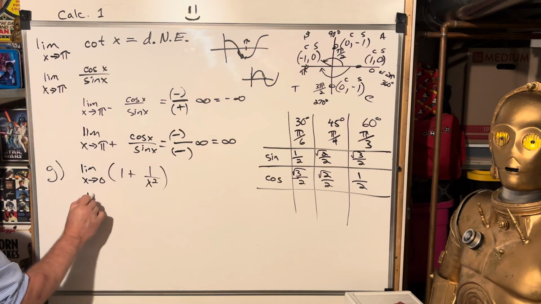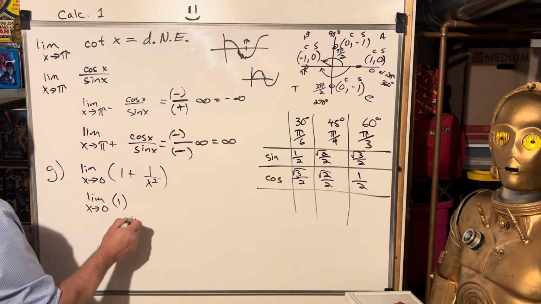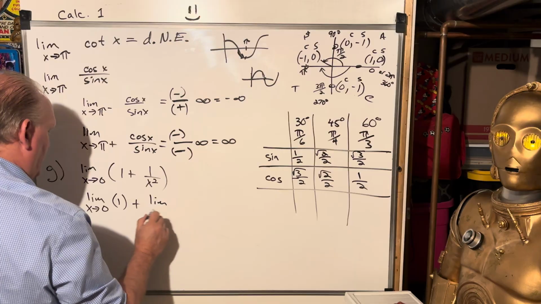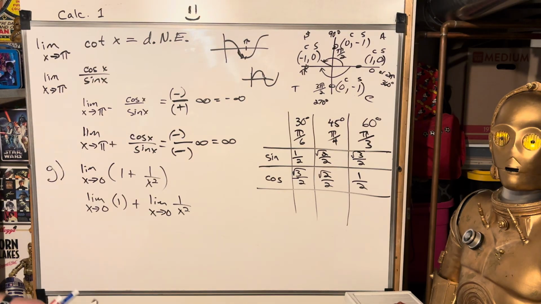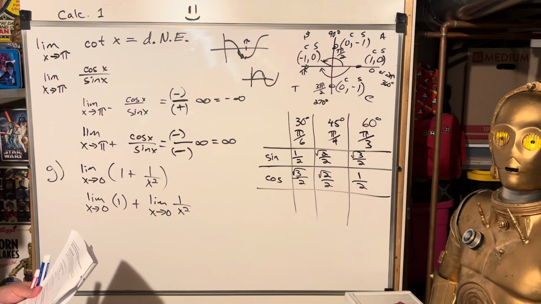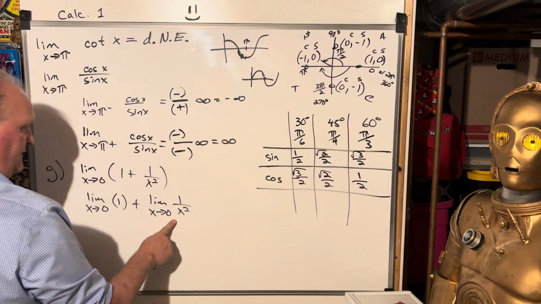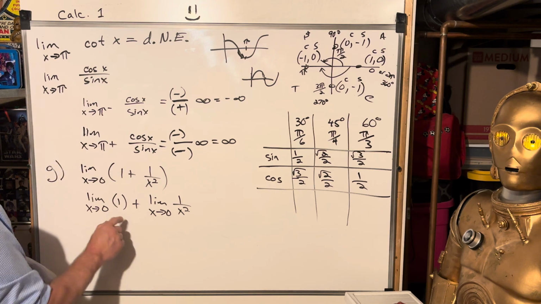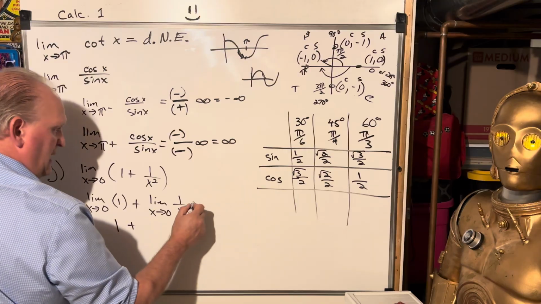So again, we could split this up and say the limit as x approaches 0 of a constant, that's just the constant, and then the limit as x approaches 0 of 1 over x squared. That one, again, we're going to have to look at the right and the left-hand limit to see if they are the same. So this is just one. But this, we're going to have to split into two problems.